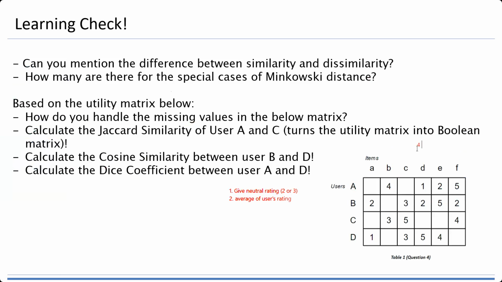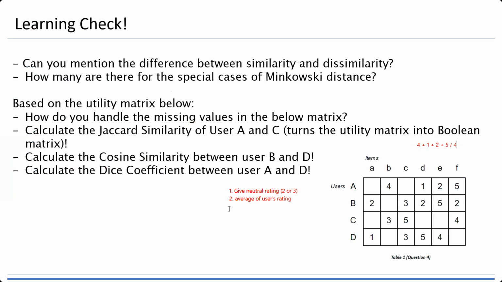It means 4 plus 1 plus 2 plus 5 divided by 4. So the average will be put in item A and item C to handle the missing value. The same for the average of user B, user C, and user D.